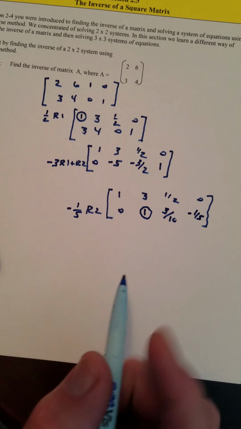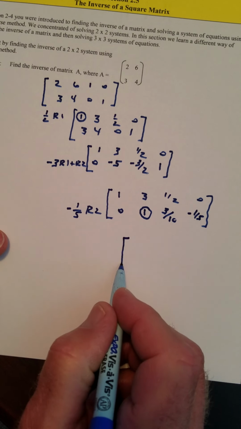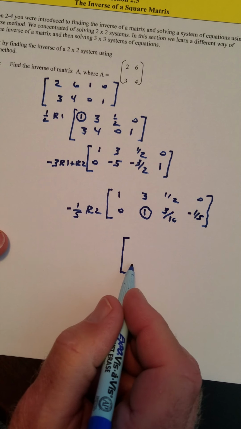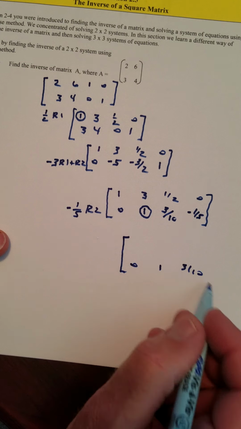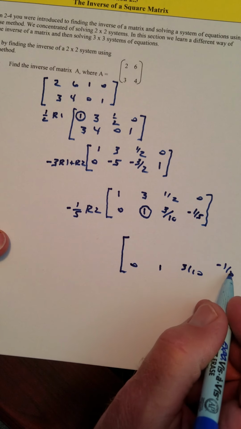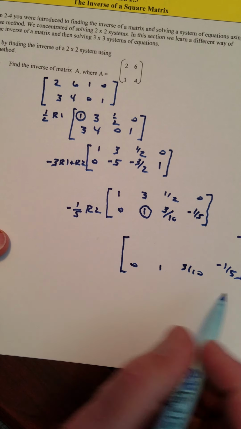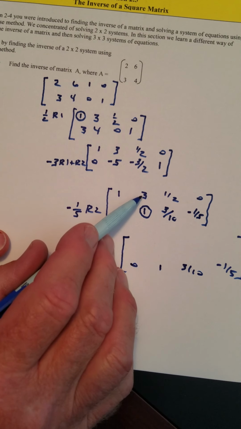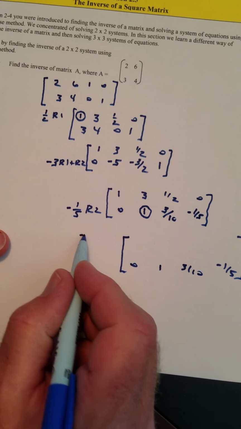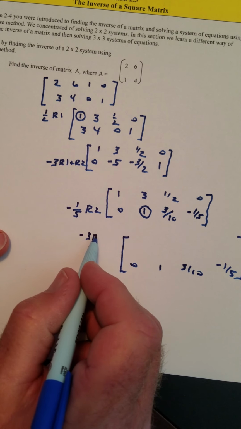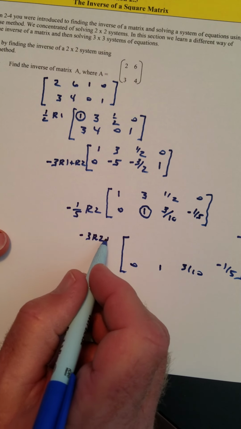I've got to get a 0 up here. The bottom row is done, so I'm just going to copy it right away. To get a 0 here, you multiply by the opposite. The opposite of 3 is -3, so it's -3 times the pivot's row, row 2, and I'm going to add it to row 1.